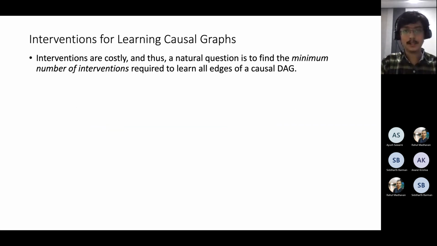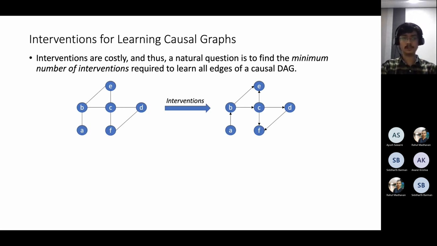Now we discussed why interventions are necessary, but in general, interventions can be costly because we are randomizing some variable of the system. Therefore, a natural question is to find the minimum number of interventions required to learn all edges of a causal DAG.